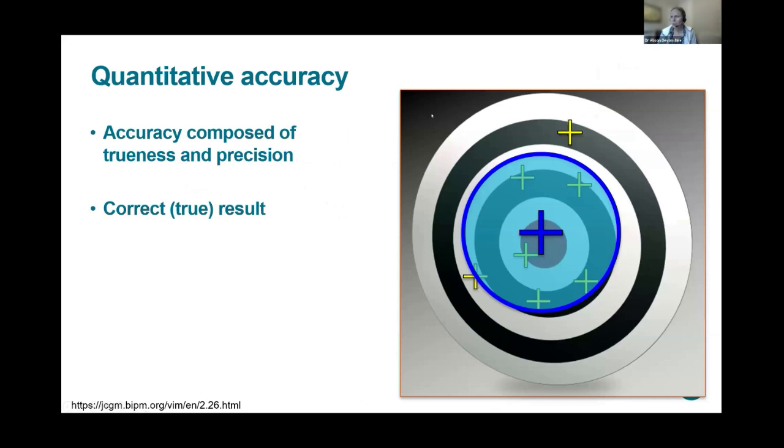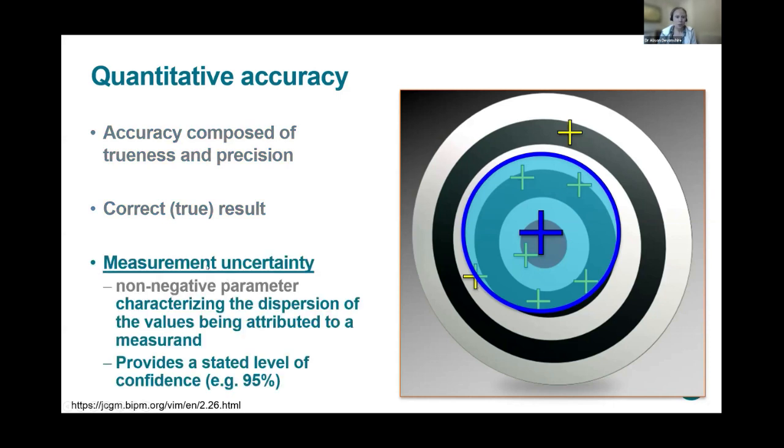So you can see here that we've got a measurement which is accurate, so it's on the target, and it's also got a defined level of precision. The measurement uncertainty is an aspect which is also key to measurement science, and something which is now required as part of ISO 15189 accreditation for clinical laboratories, and ISO 17025 accreditation for testing labs, to be considered in terms of characterizing the dispersion of the values which could be attributed to the measurement that's been performed.